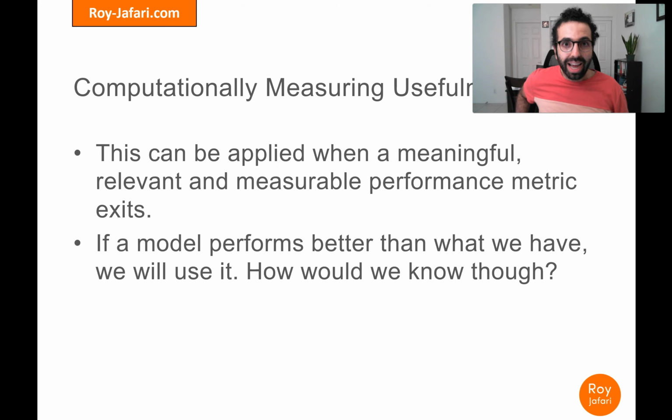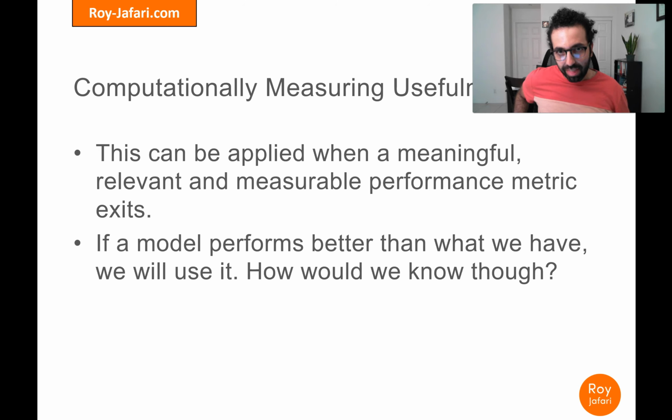Unfortunately, most of the time we have a metric, but it's not completely relevant or meaningful. And because it's measurable, we use it, and that's called a proxy. That is actually where a lot of the ethical concerns of machine learning and data mining come into place. But that's just a tangent here.